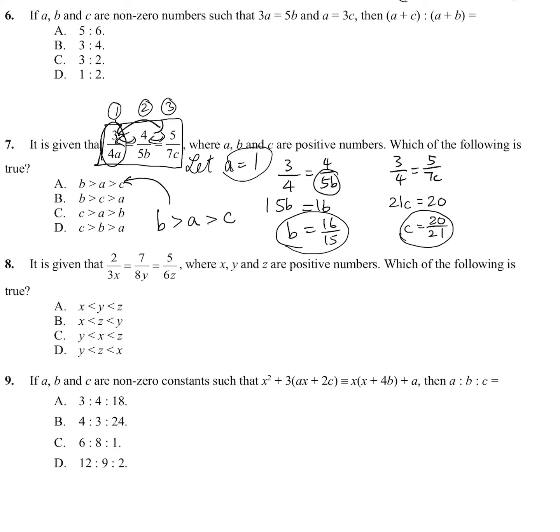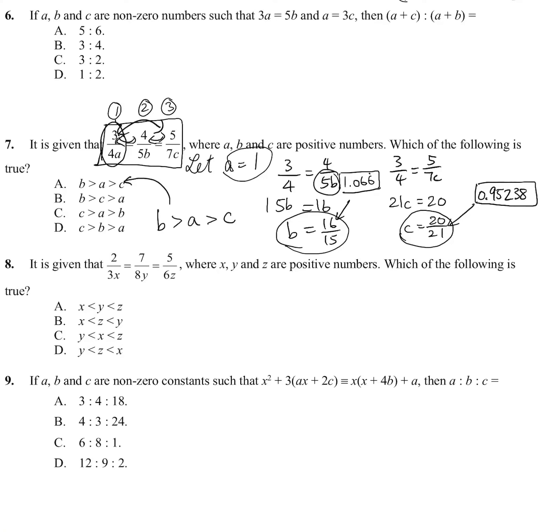If you have any problems, you can convert these into decimal numbers so that it's easily seen. Okay, so I have a calculator next to me, so I'm going to type that in one by one. So 16 over 15 is 1.066. And then 20 over 21 is 0.95238.